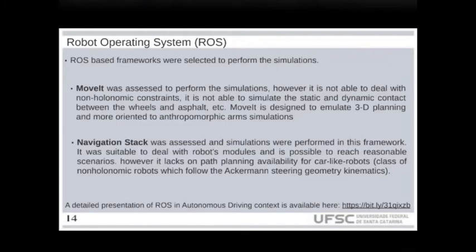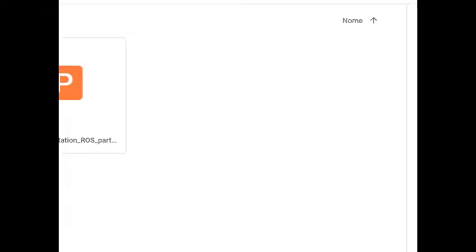But the first part of my self-driving cars research was in the navigation stack, and I explained ROS in this framework, so you can access it here. I will share this presentation with you. Later you click on this link, and you can download the PowerPoint presentation where I explain step by step what ROS is.